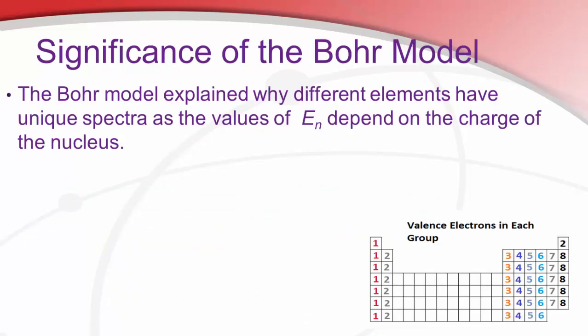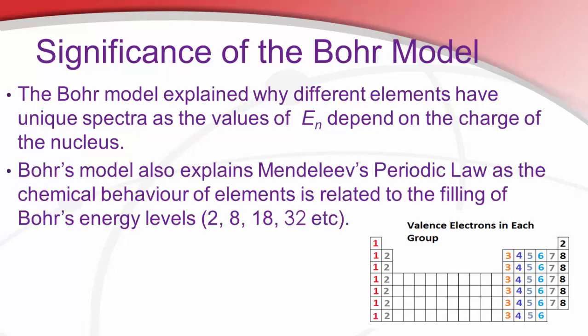So the Bohr model did a great job of explaining the hydrogen spectrum and explaining why different elements have unique spectra. Interestingly, too, it explains Mendeleev's periodic law, talking about the filling of energy levels.